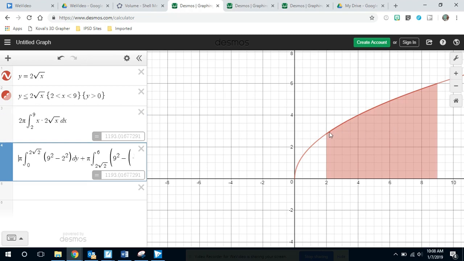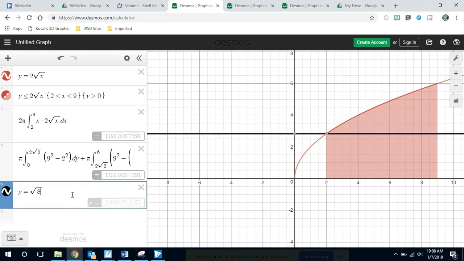Now, notice the disk method on this problem would be really, really difficult because you would have to break it into two different cases at this line, because you would have from 0 to 2 square root of 2, it's 9 squared minus 2 squared for our two radii.